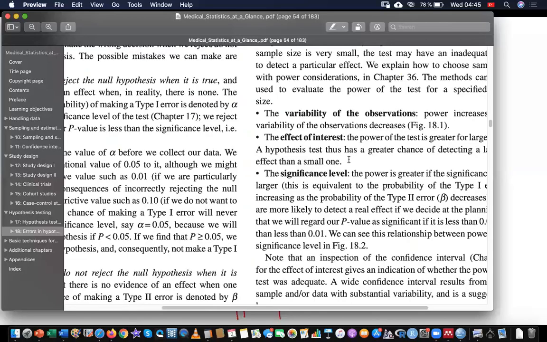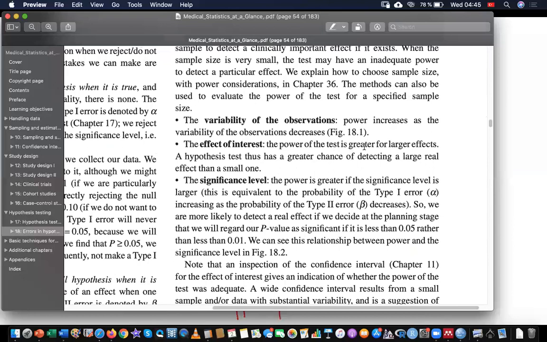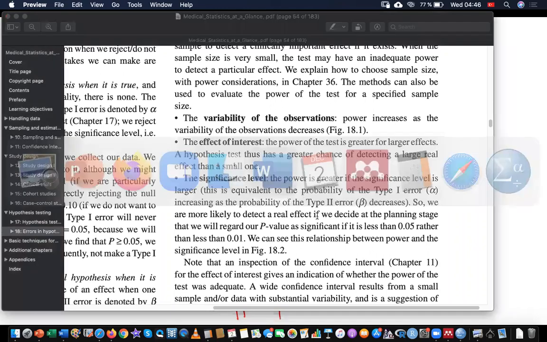Let us read it also from the book. The power of the test is greater for large effect size. So if you have a large effect size, the power will be higher. A hypothesis test thus has a greater chance of detecting a large real effect than a small one.